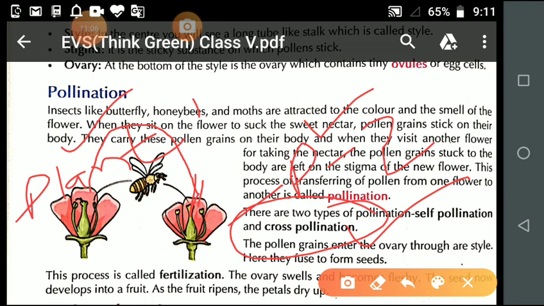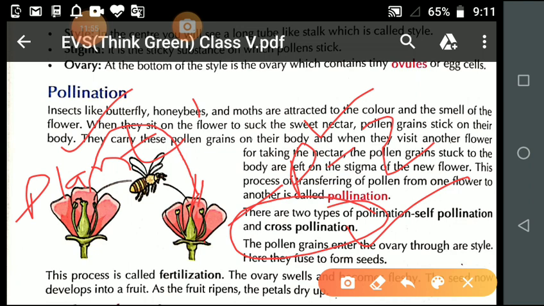The agents of cross pollination are insects like butterflies, honeybees, and moths, because they are attracted to the color and smell of the flower. Another thing I explained yesterday also: flowers provide food to other animals.